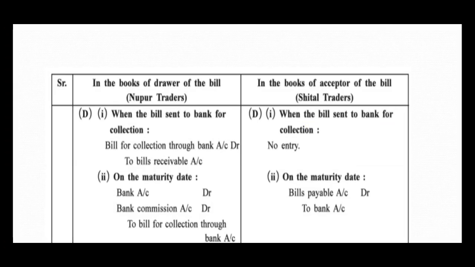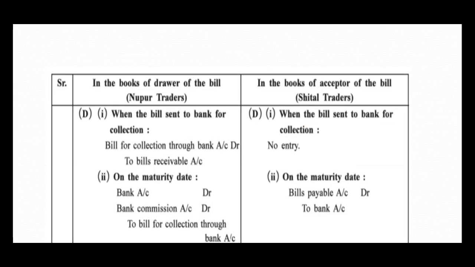Okay, so friends, bill for collection through bank account debit to bills receivable account in the books of drawer. Now, on the day of maturity, Sheetal will be paying and bank will collect the amount from Sheetal and will be crediting that amount in our bank account, means in the bank account of Nupur, who is a drawer of bill or who is a creditor.